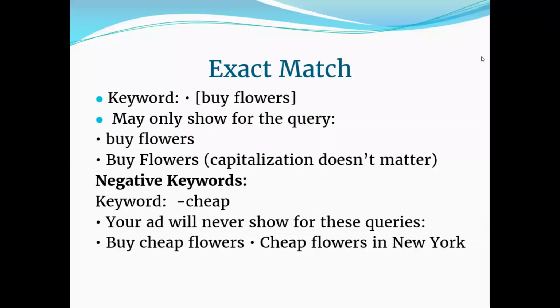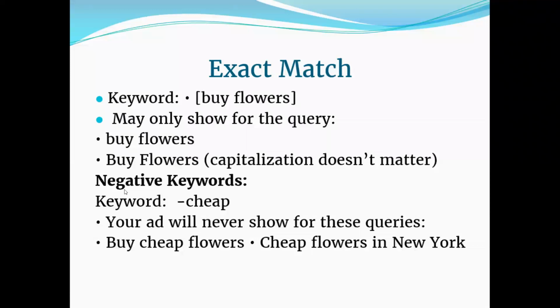So here, this is an exact match. They are searching by flower. The keyword matches by your title. Buy flower, exact. So if you're putting flower buy, it is not an exact match. Flower buy is not an exact keyword. Buy flowers can match buy flowers only.